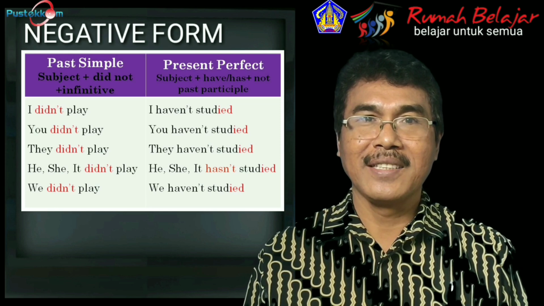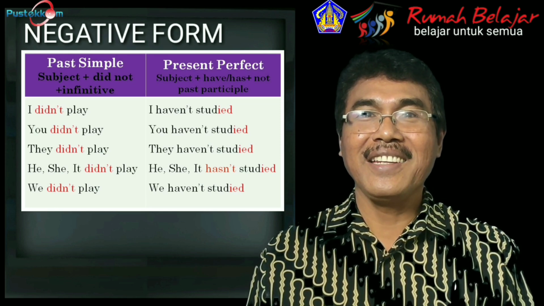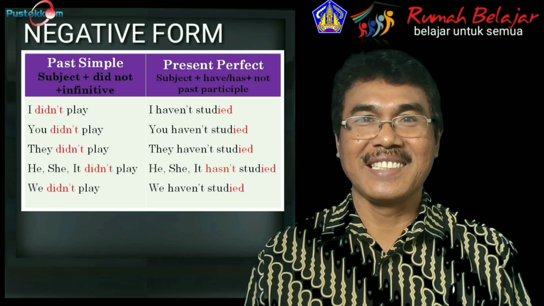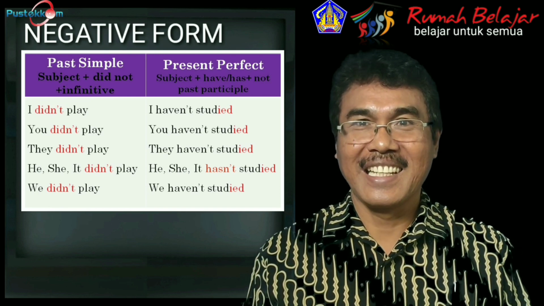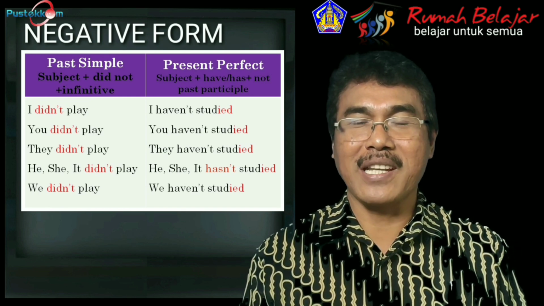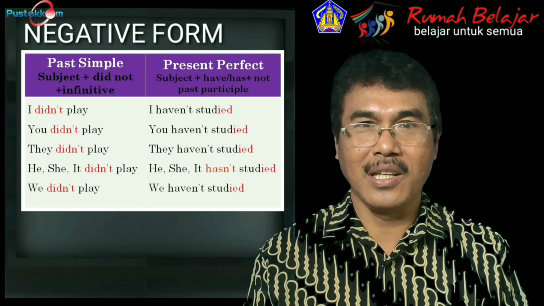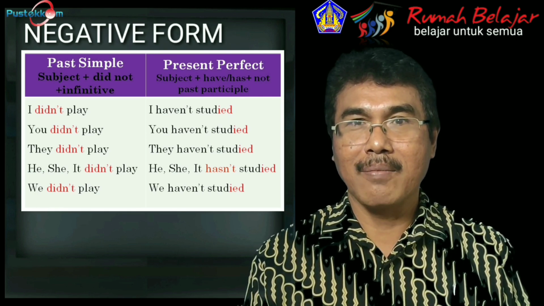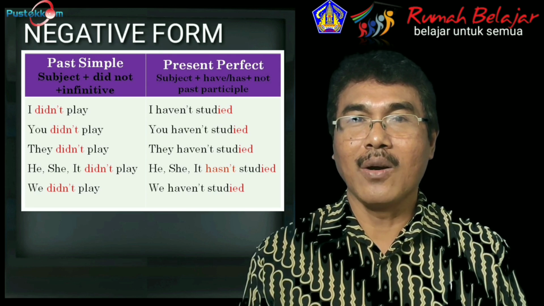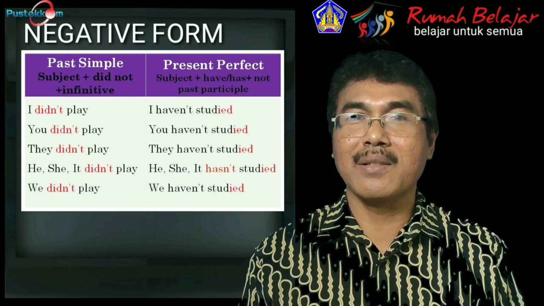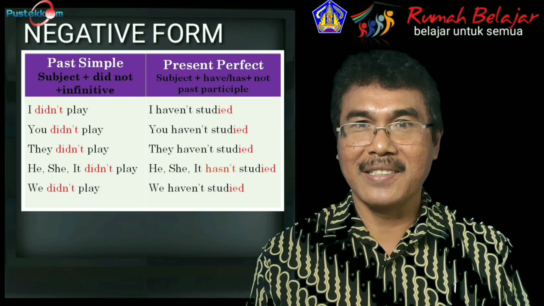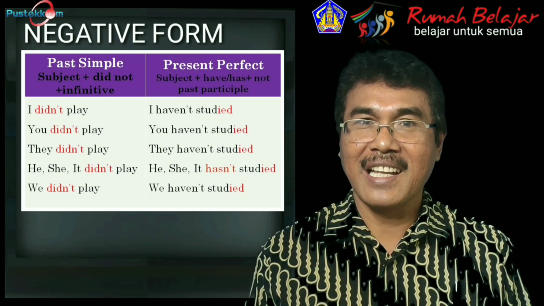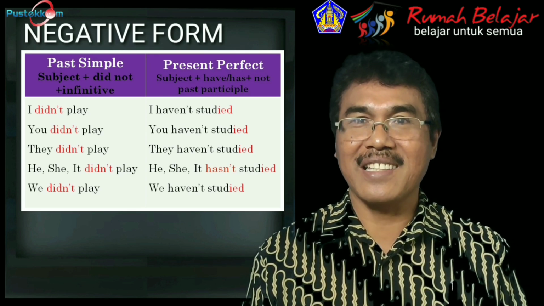For example, I didn't play. Okay, for present perfect tense, for the negative is subject plus have or has plus not plus past participle. The example is, I haven't studied.